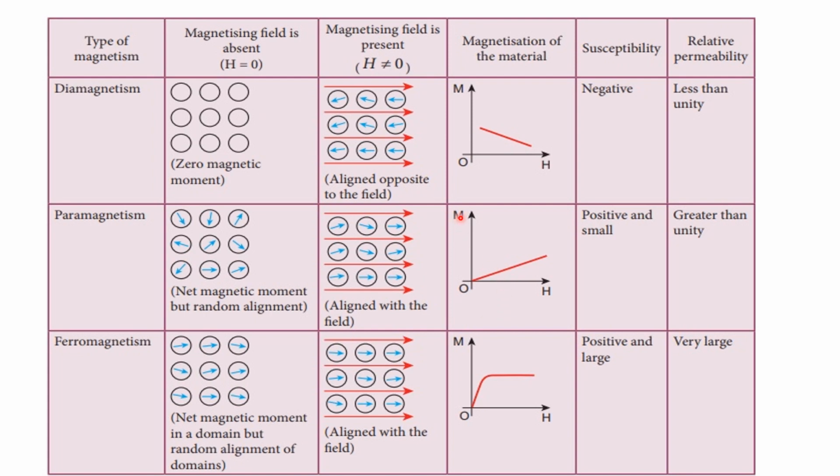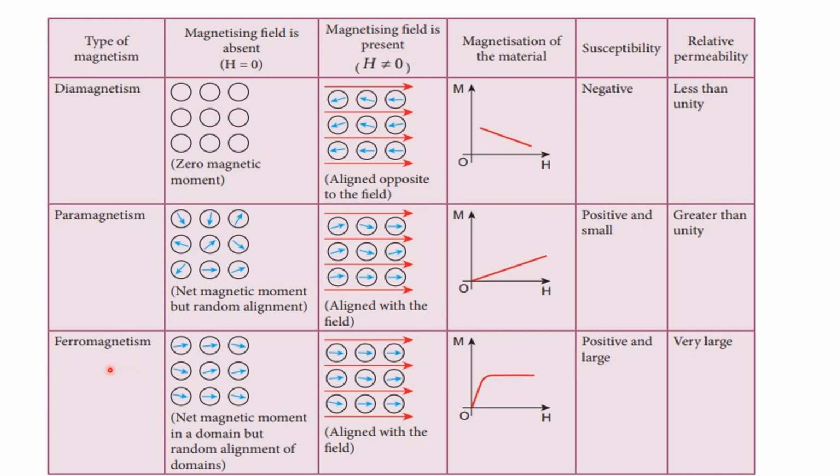Then when I plot a graph between M and H, it shows a positive slope. But it is not very great. If the curve is steep, then it is a high value. If the curve is towards the x-axis, then it is a small value, though it is positive. So susceptibility is small and positive. Then relative permeability is greater than unity.